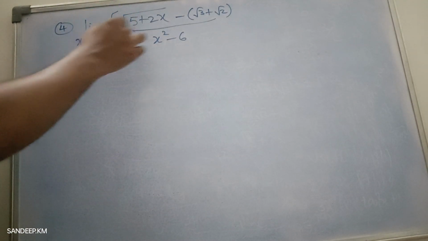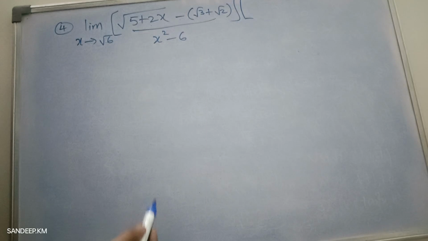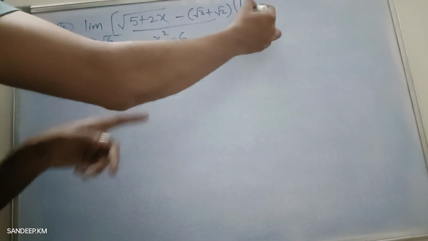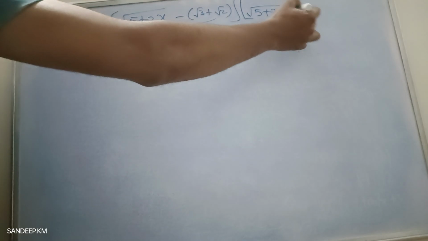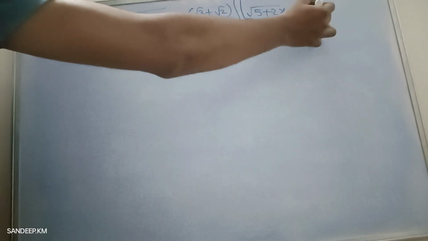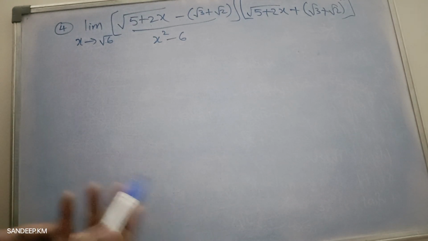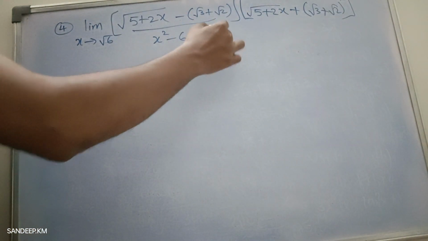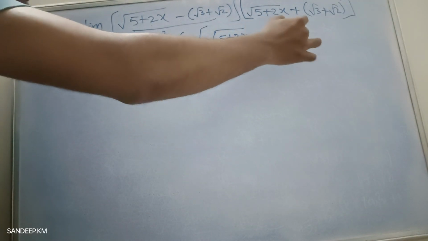So the numerator, which is in the form of a minus b, I will multiply with what? A plus b. So a is root of 5 plus 2x plus b is what? Root 3 plus root 2. If you multiply it in the numerator, you should also multiply in the denominator. So what is it? Root of 5 plus 2x plus root 3 plus root 2.